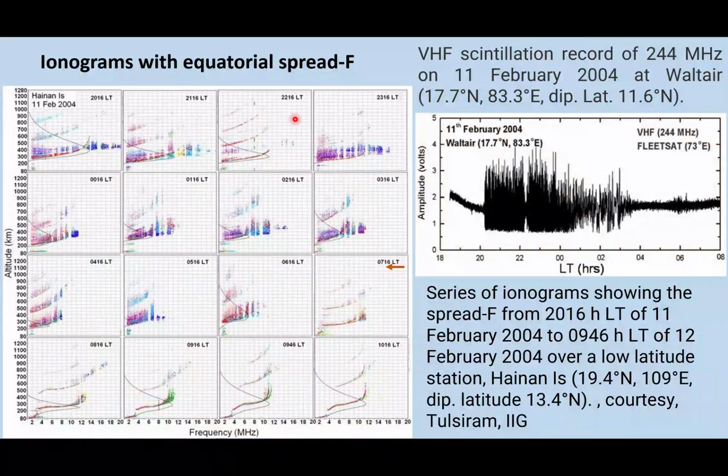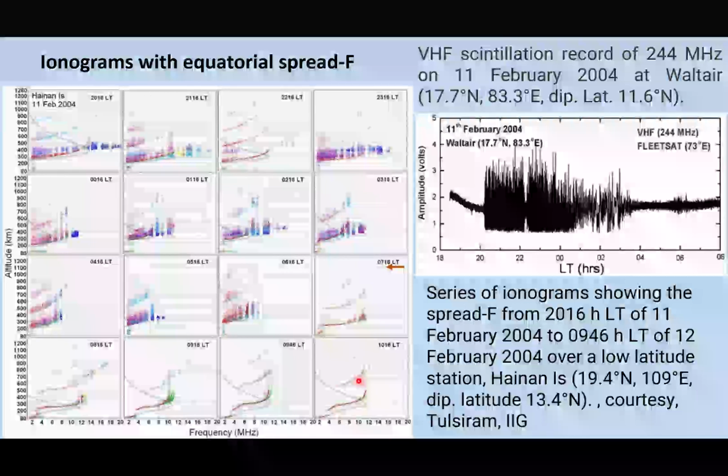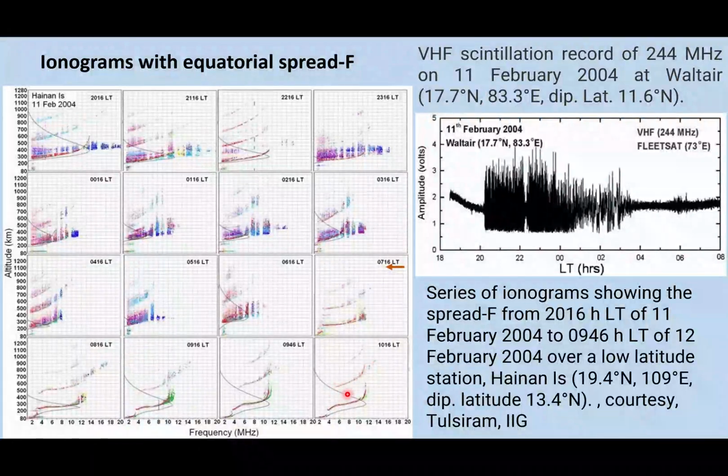These are taken on 11 February 2004, during the night between 11 and 12 February. We see this feature exists up to about 4 o'clock in the morning, and then it becomes very weak, and then by next day the normal trace again restarts.